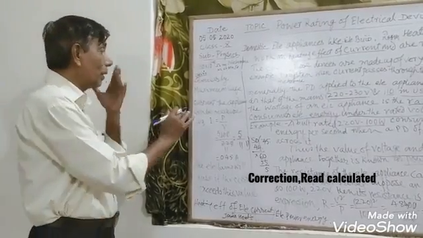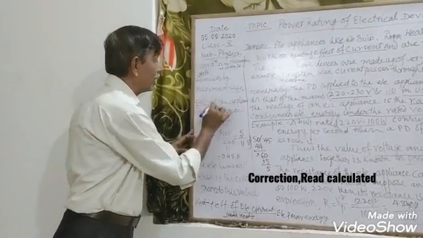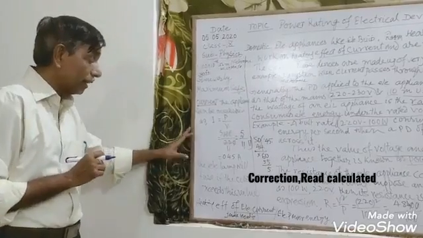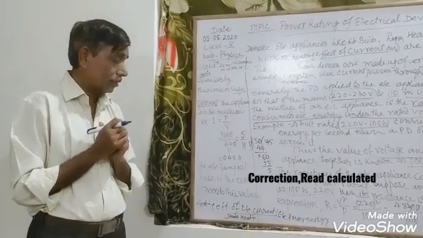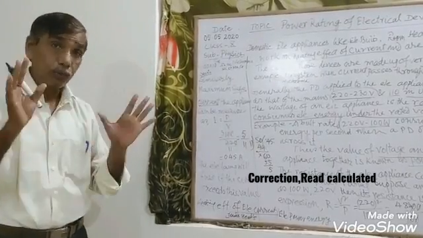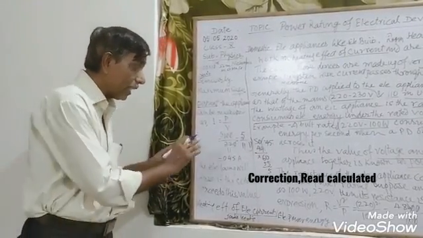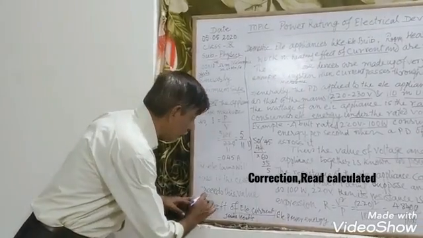So this is the safe current. The electrical lamp, or any electrical appliance, will fuse or get damaged if the current exceeds this value.